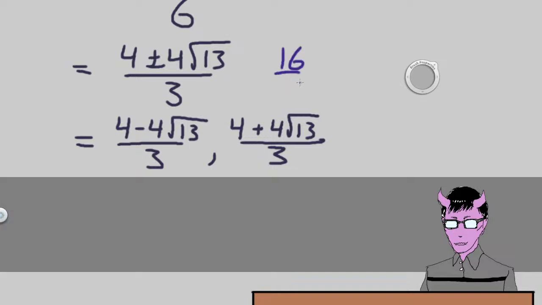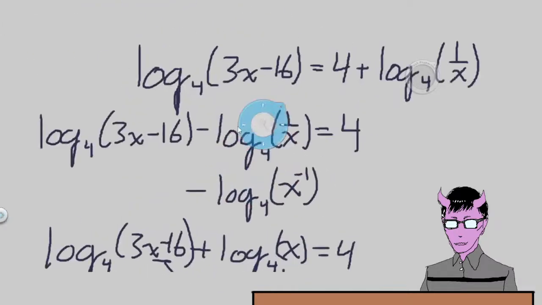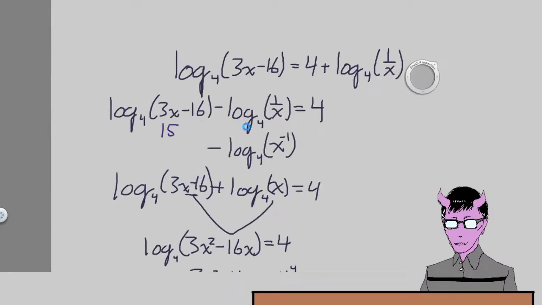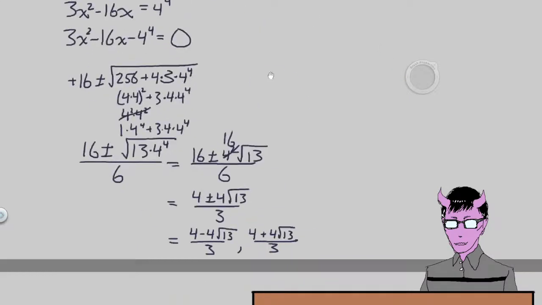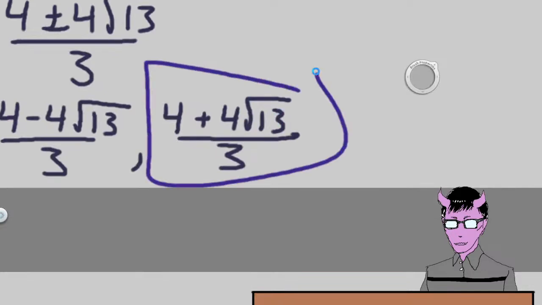So this is greater than 5. That's what we want. Greater than 5, right? So we have greater than 5 times 3, which is greater than 15. Greater than 15 minus 16 could be negative. Ooh. But I think it's bigger than that. So I have a little bit of, let's just say this is good enough, right?